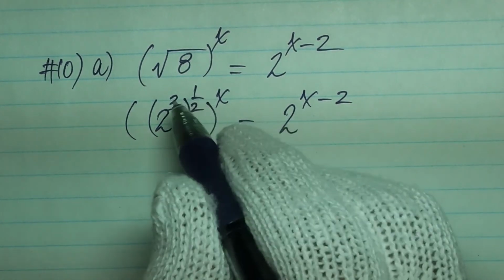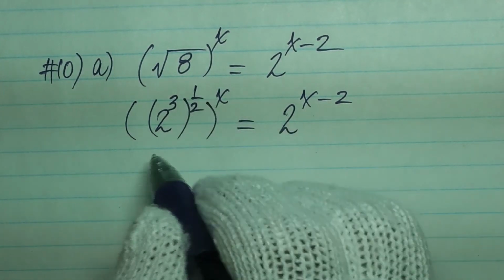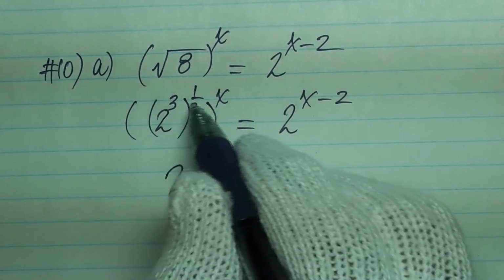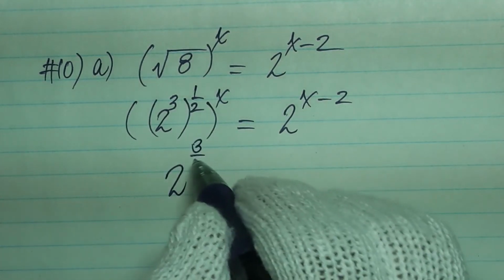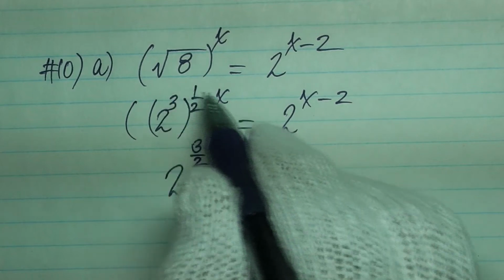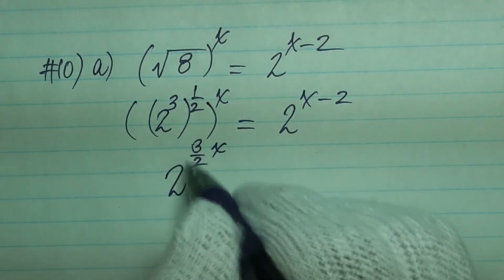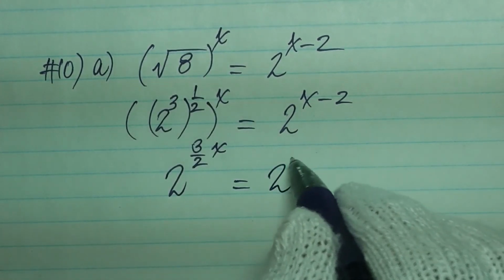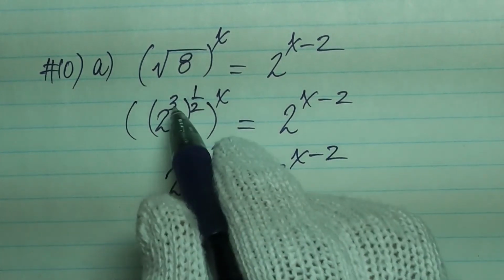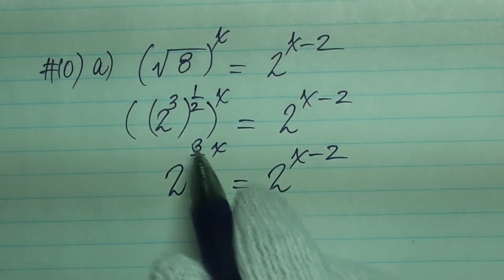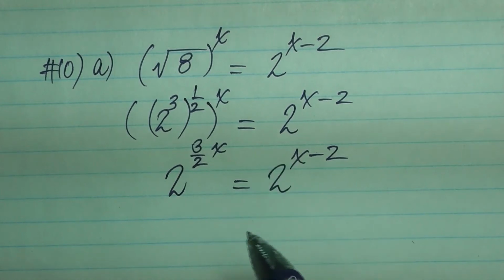Now, when I multiply these, it's 3 times 1 over 2 is 3 over 2, and 3 over 2 times x is 3 over 2x.